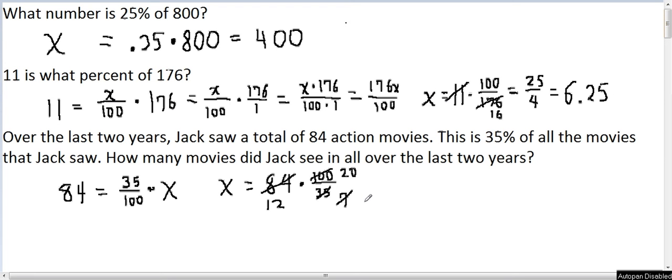So we only have 1 left in the denominator, so that goes away, and we just need to carry out the multiplication 12 by 20. When we do, we get 240. So Jack saw a total of 240 movies over the last 2 years.